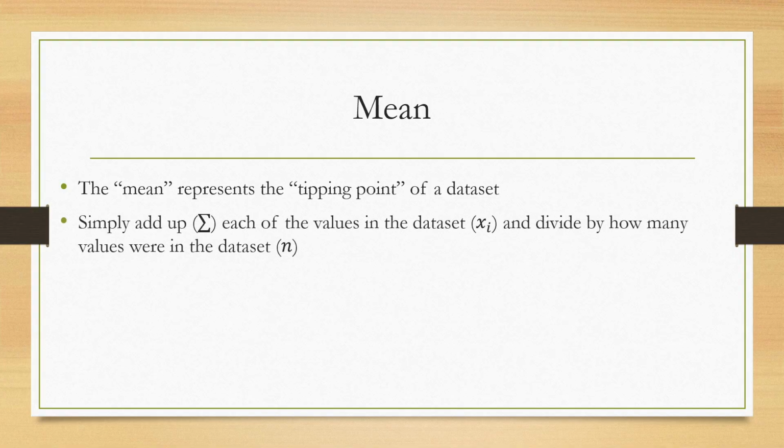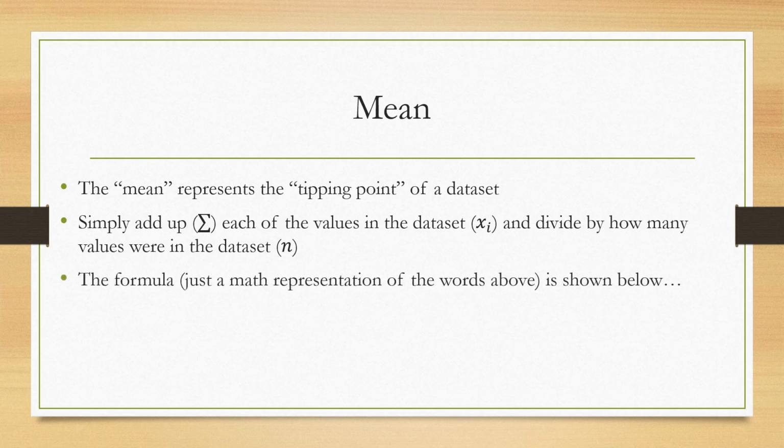To calculate the mean, we simply add up, or sigma, we'll see the notation in a moment, each of the values in the data set, so each of those x sub i's, or in aggregate, just x, and divide by how many values were in the data set, n, that's the size of the sample. And that's really it. So the formula is the sum of x sub i divided by n.